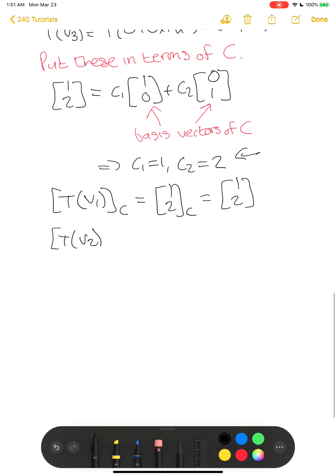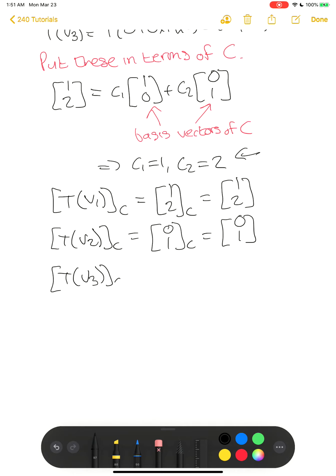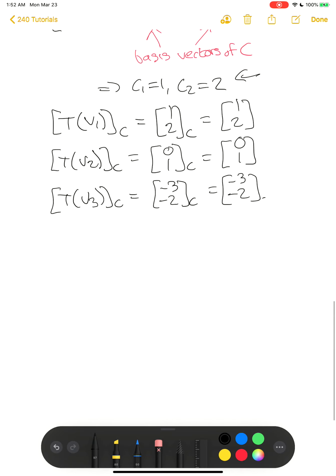T of V2 with respect to C is 0, 1 with respect to C, which, because we're working with the standard basis, is just the vector itself. T of V3 with respect to C is -3, -2 with respect to C, which gives us -3, -2. Great.